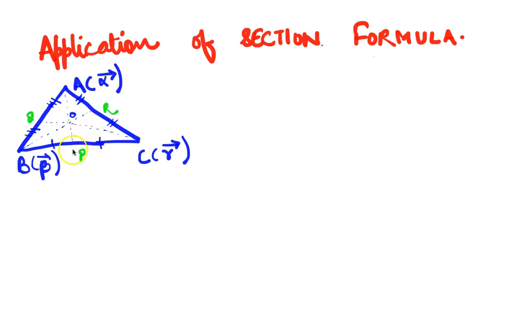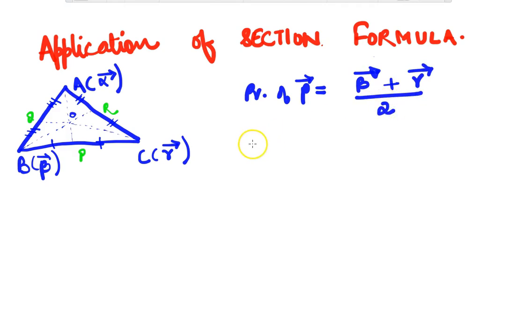So what is the position vector of P? Using the section formula, since BP is equal to PC, the position vector of P is beta vector plus gamma vector by 2.